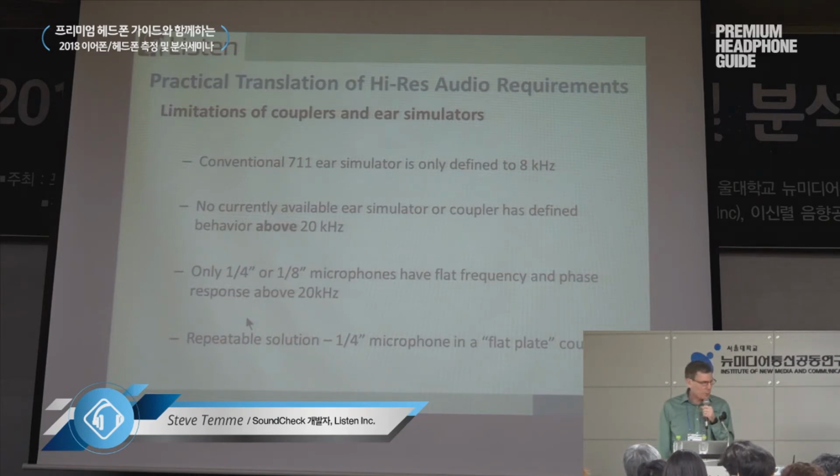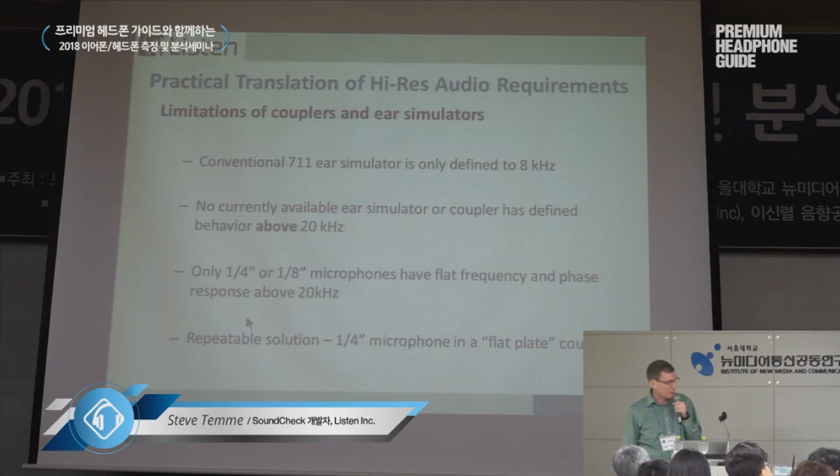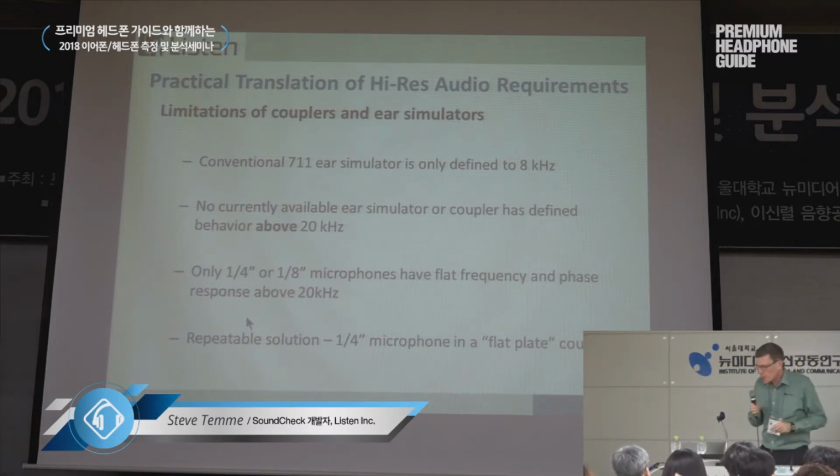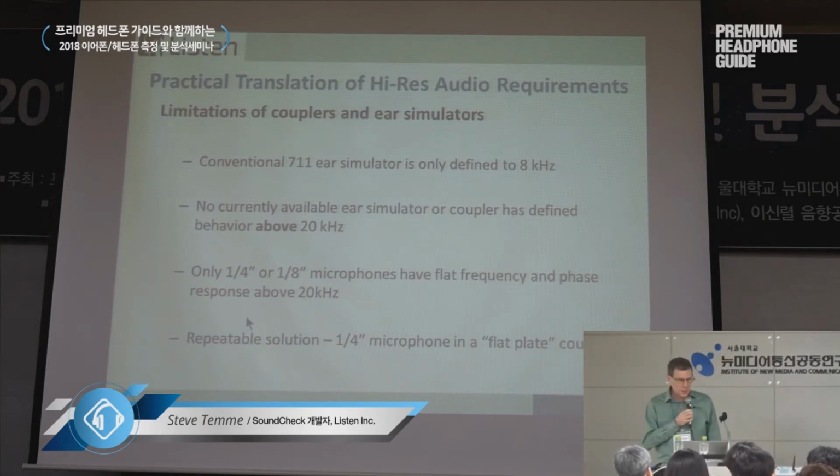Now, for my experiments, I'm going to actually use a 1/4 inch microphone and a flat plate coupler. And I think you saw it earlier. It basically is just a 1/4 inch microphone flush mounted to this plate of aluminum. And the problem is, if you don't use the right type of headphone, it's kind of a meaningless measurement.